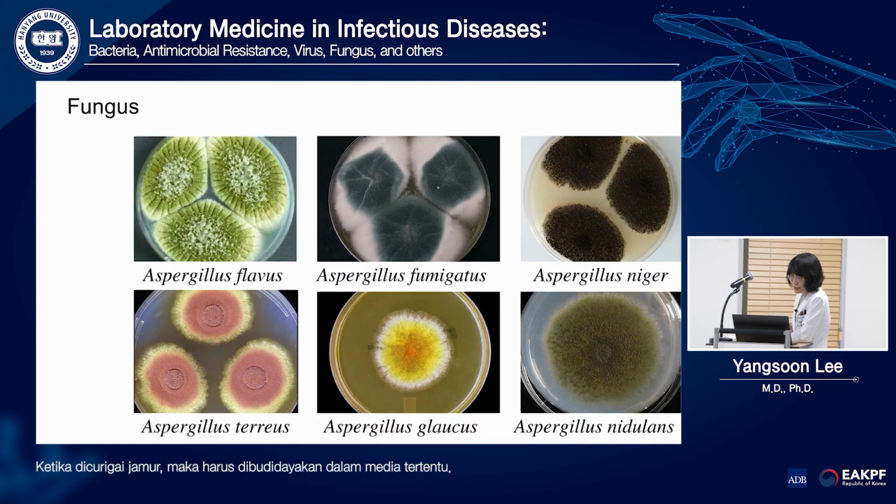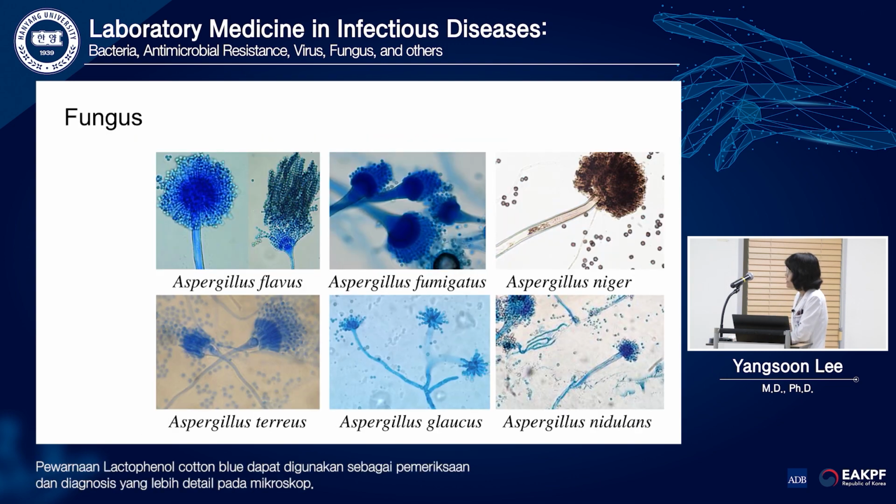When a fungus is suspected in patients, it is cultured in special medium, like Sabouraud dextrose agar. It might take a week, 2 weeks, or even 3 weeks because fungi grow relatively slowly. The morphology is used to make the diagnosis: shape and colors. Lactophenol cotton blue staining can be used as a more detailed examination and diagnosis under the microscope.